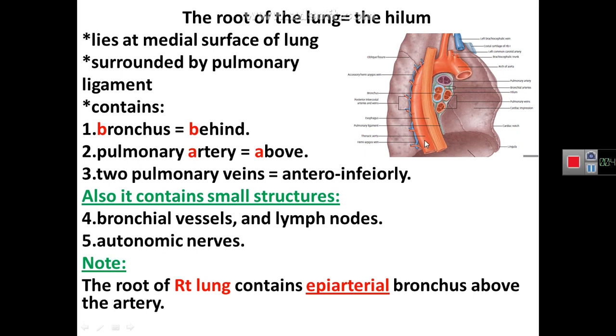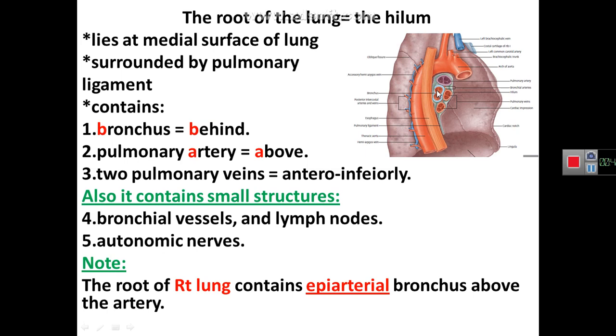The pulmonary ligament surrounds the structures lying at the root of the lung, also called the hilum of the lung. These structures include the bronchus that lies behind, the pulmonary artery that lies above the bronchus, and 2 pulmonary veins antero-inferiorly.